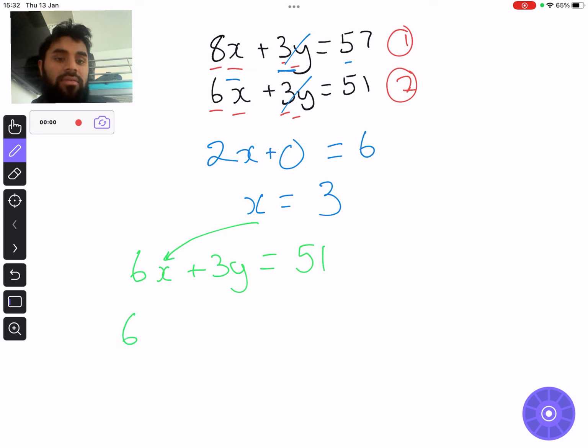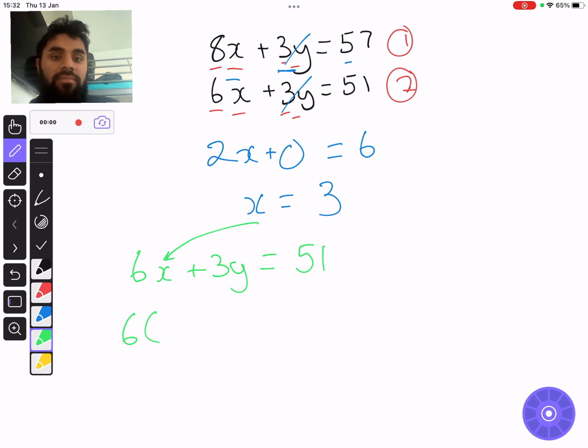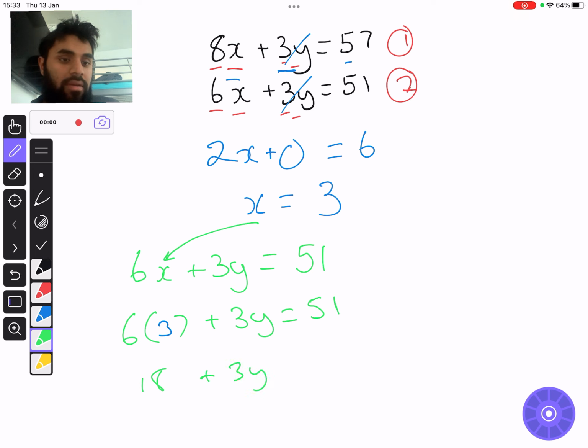So 6 bracket 3 plus 3y equals 51. 6 times 3 is 18, plus 3y equals 51.